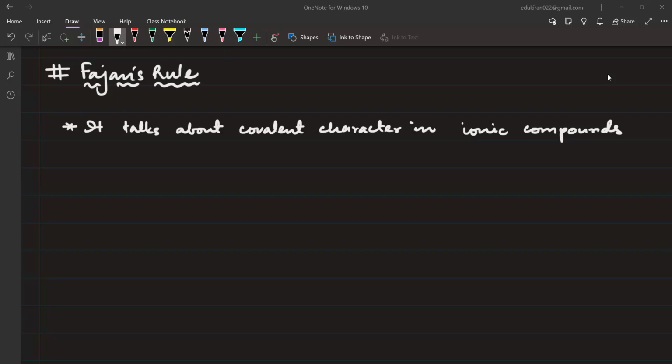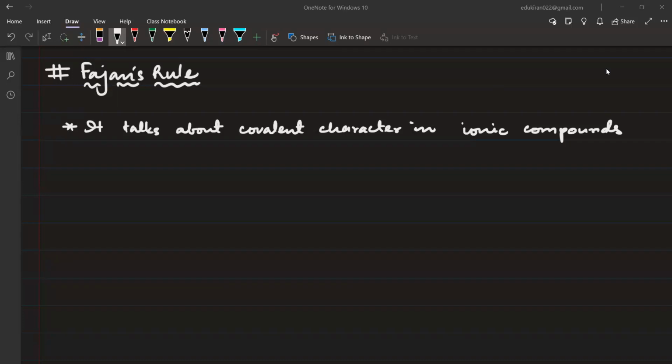But Fajan's rule only talks about covalent character in ionic compounds. So in Fajan's rule, we will never look at covalent molecules, that means the molecules made by non-metals. We are going to look at the compounds made by the combination of metal and non-metal, that means predominantly ionic.